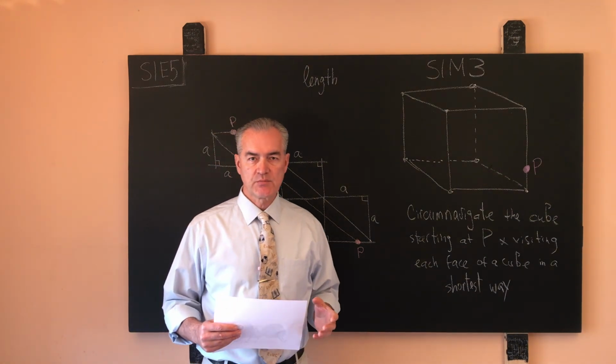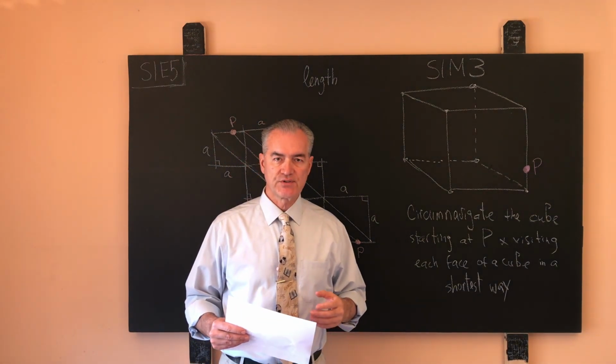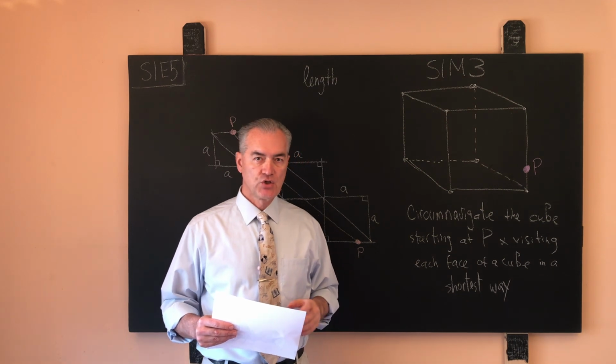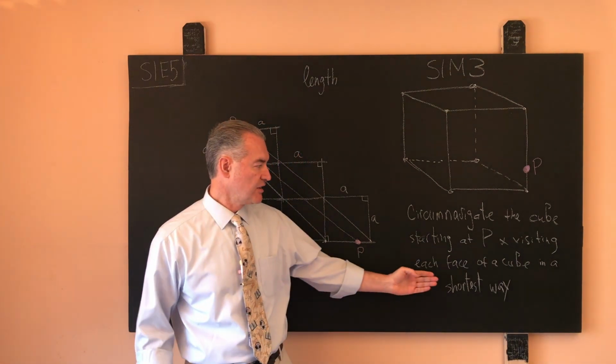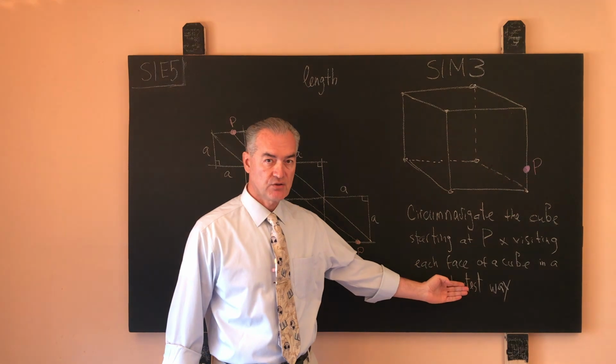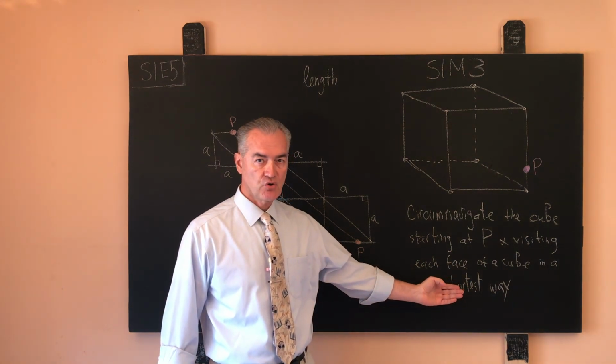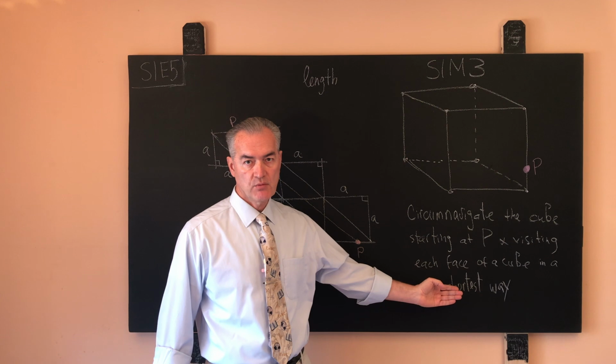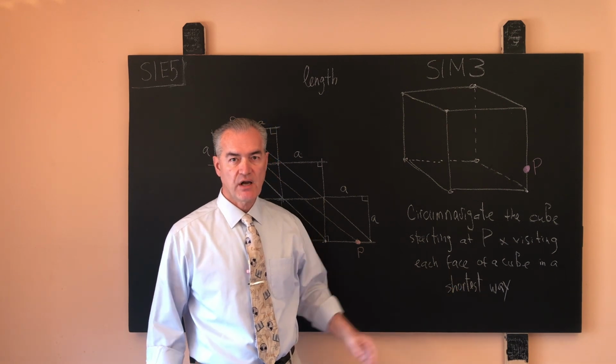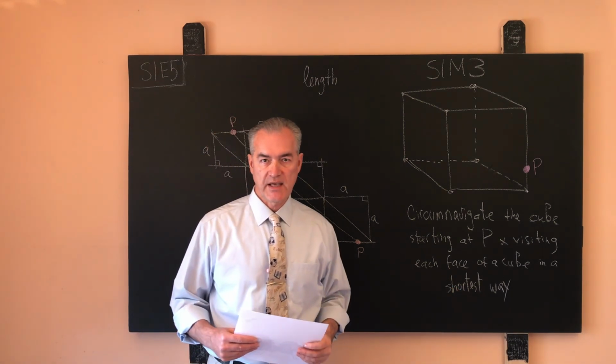Again, this problem seems to be very difficult to solve because it's in 3-space. We need to somehow circumnavigate the cube by visiting each and every face of that cube. That is a fairly strong constraint on that problem, and it is not really clear how we can do that right out of the gate.